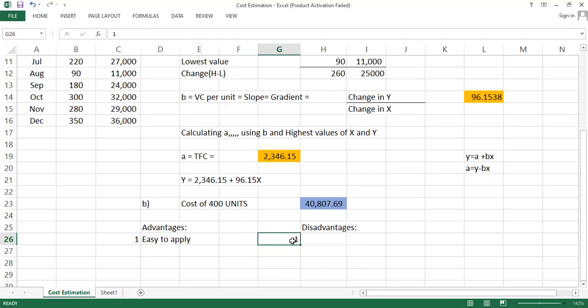What is one disadvantage? Yes, somebody? What's one disadvantage?